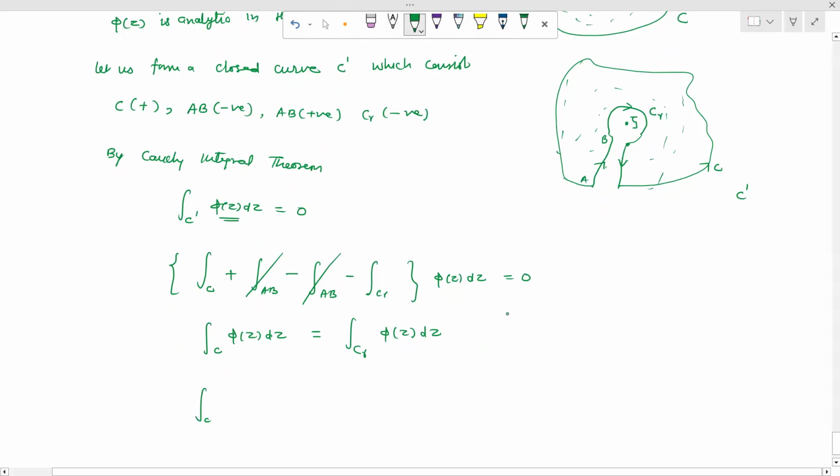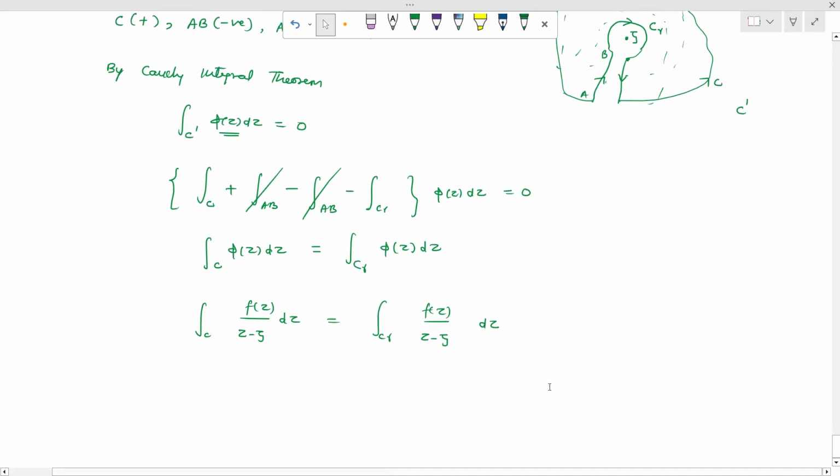We put phi(z) = f(z) upon z minus zeta. So integral along C of f(z) upon z minus zeta dz is equal to the integral along C_r of f(z) upon z minus zeta dz.